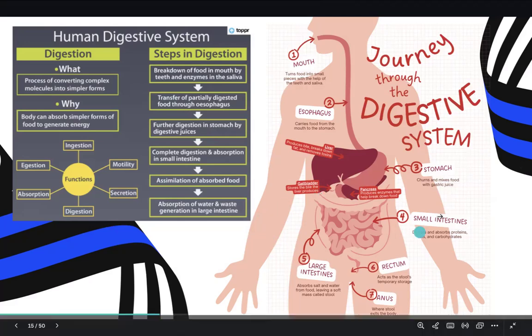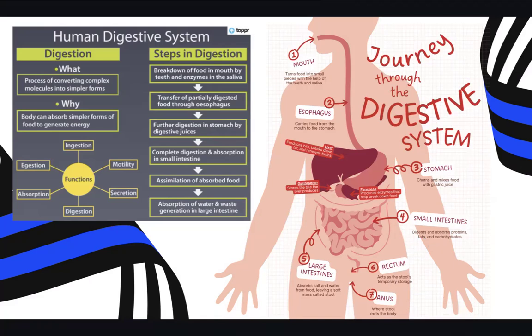Okay? So most of the absorption of nutrients occurs in the jejunum part of the small intestine. Majority of these nutrients, which are already converted into their building blocks, like the monosaccharides, the amino acids, the nucleic acids, are already in their absorbable units, so they will be absorbed in the small intestine.